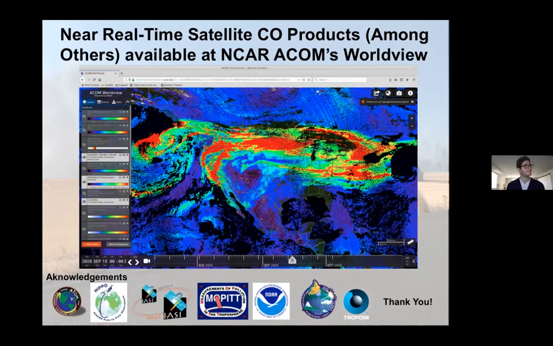Oh, that's great. Also, another good point, and this is relevant also for other instruments. I mean, it's not just MOPITT, it's all the instruments on Terra which are going to end their missions, but it's also very interesting to have a change in passing time for instruments like MODIS, because MODIS is used very much to monitor fires.